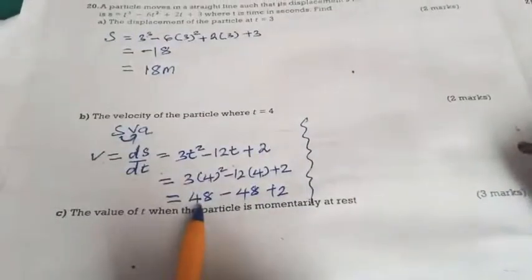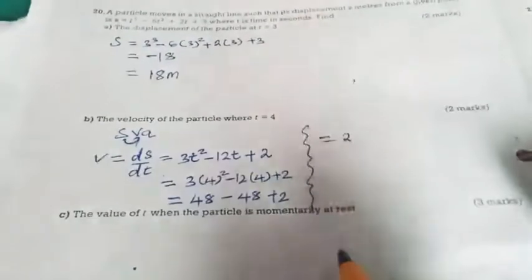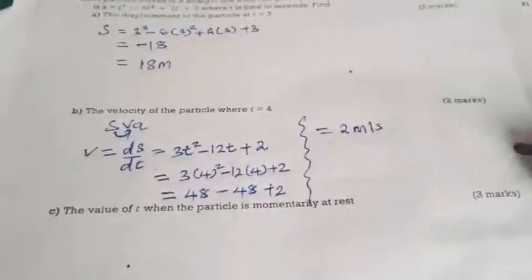Therefore 48 minus 48 is 0 plus 2. So the answer is going to be 2 meters per second. That's the answer for part B.